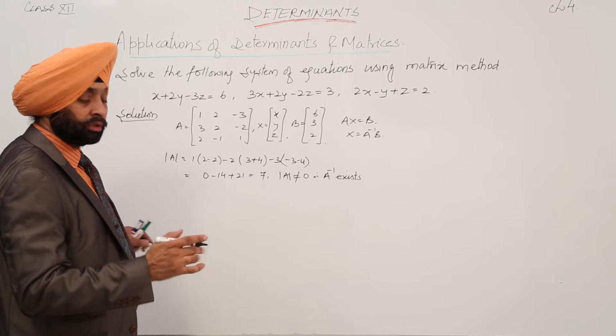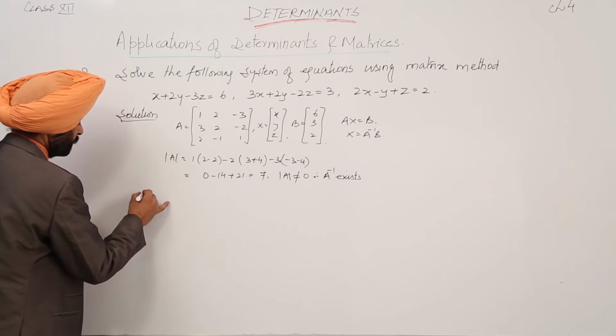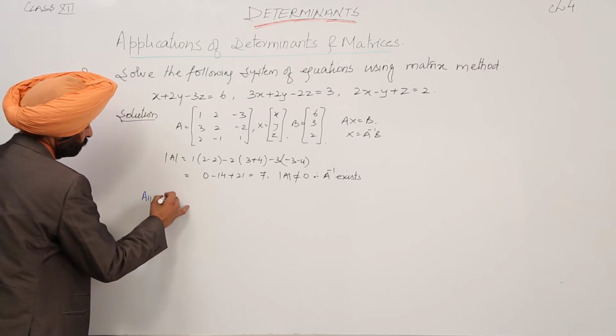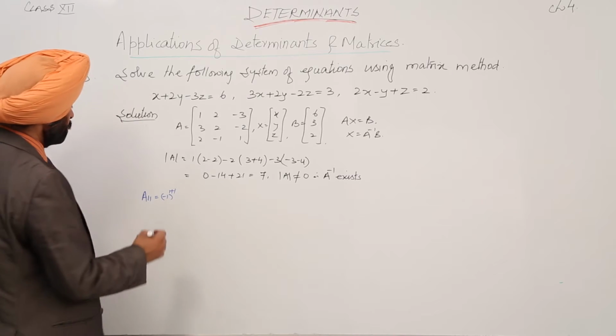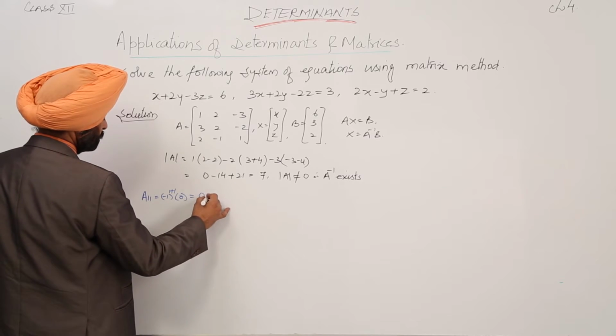Now let's move on to the cofactors. Cofactor A11 is equal to 1 minus 1 with 1 plus 1, so A11 is equal to 0.